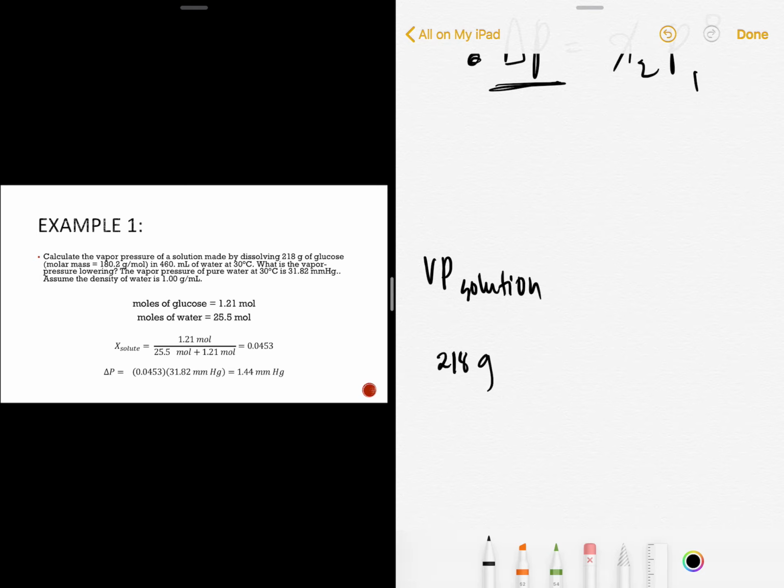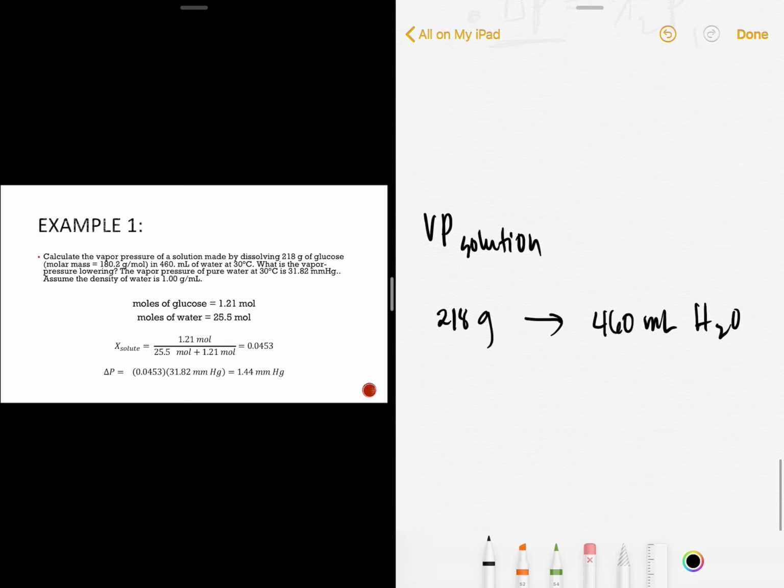Binigay na yung molar mass. Dinisolve daw ito sa 460 ml of water at 30 degrees Celsius. Do we need the 30 degrees Celsius? No. Because we're solving for the vapor pressure. What is the vapor pressure lowering?